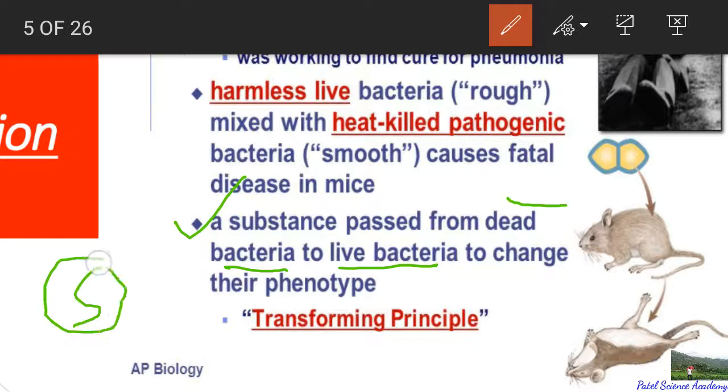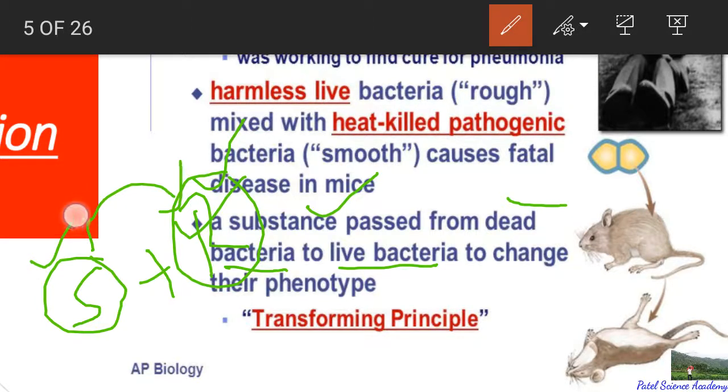So according to Griffith, this heat killed S strain has passed some substance into this R strain bacteria, and because of that substance, which has been passed from the heat killed S bacteria into this R strain of the Streptococcus pneumoniae, this R strain became virulent and it causes the disease pneumonia, and because of the pneumonia the mice died.